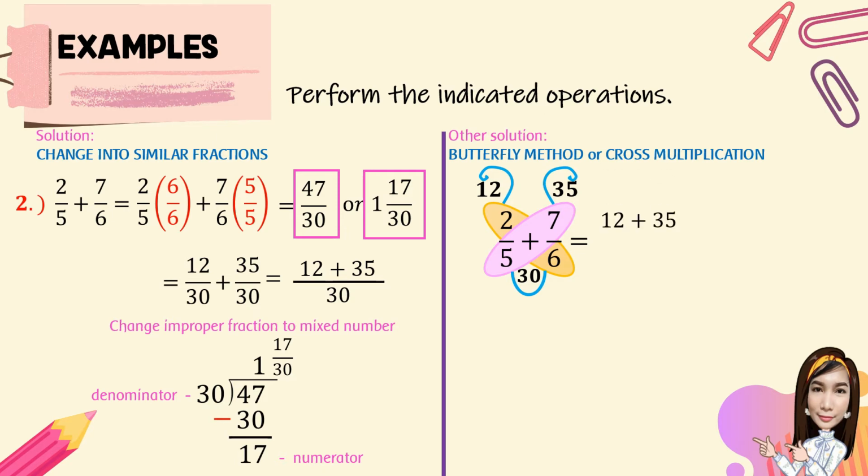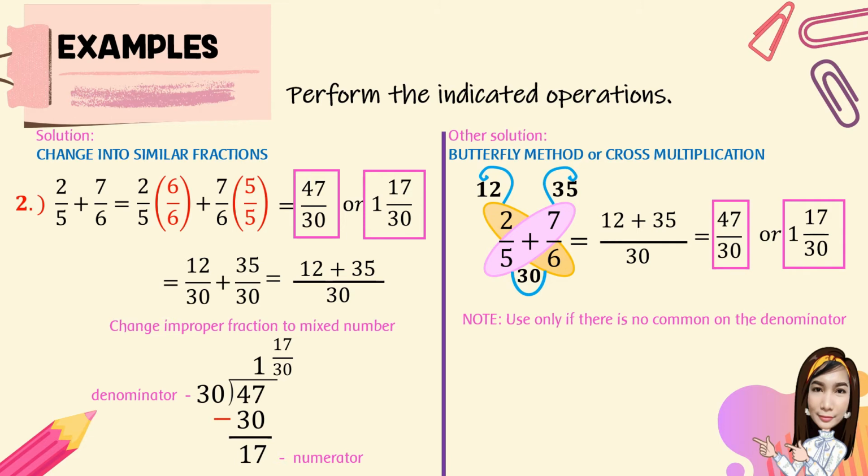Then add the numerators, 12 plus 35, all over the denominator 30. 12 plus 35 is equal to 47/30, or 1 and 17/30. In any method, we come up with the same answer. Again, it's better to use the butterfly method or cross multiplication if there is no common factor in the denominators.